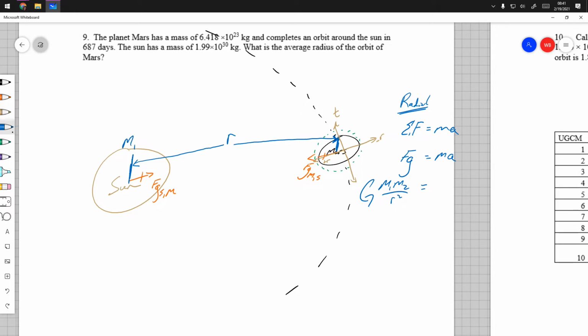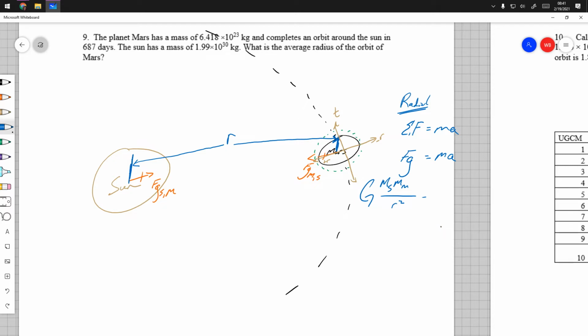Actually, it makes more sense to write m_s for the sun and m_m for Mars, divided by the radius squared. That's even simpler because I don't need to define those, and most people can follow along.